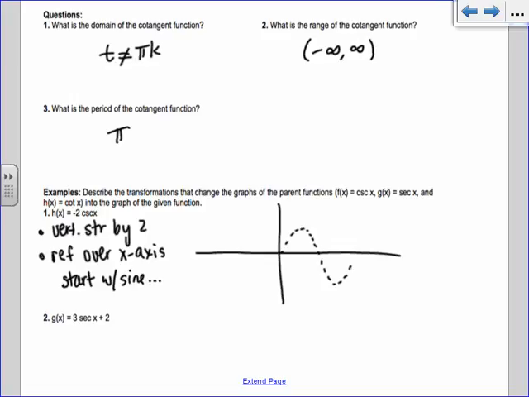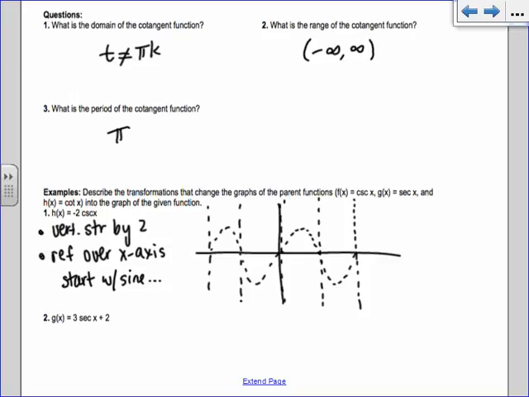I'm going to draw going up and down like that. Okay, now I draw the asymptotes in. My asymptotes for cosecant are going to be anywhere where I cross that x-axis. Okay, so at 0, pi, 2 pi, and so on.